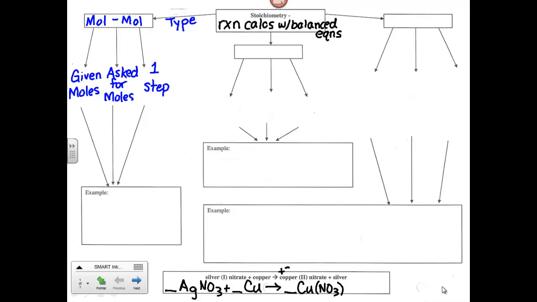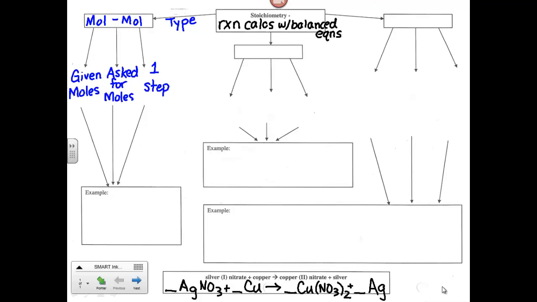Copper is a +2 because of the Roman numeral. Nitrate is still -1. That means I need 2 nitrates to balance out the copper. And our last product is silver.